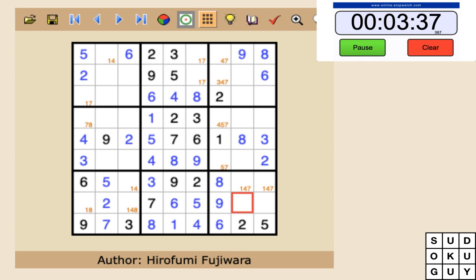One, 3, 4, 7 missing in this box. And there's a 7 in this row, so these are 1, 3, and 4. This one's just 1 and 4 because of that guy.